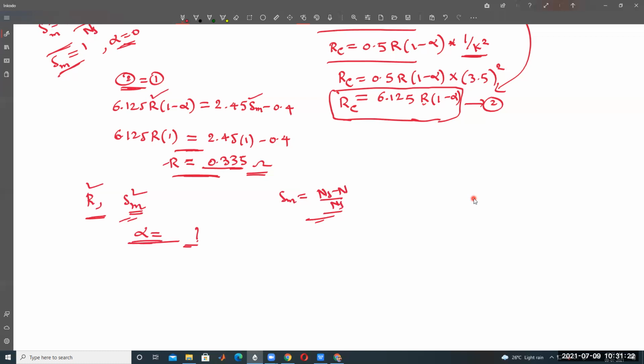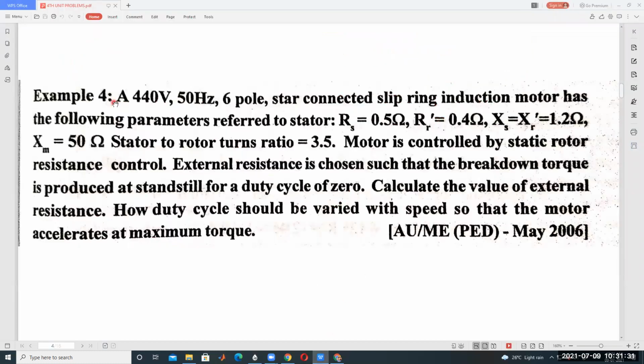Next problem is related to this problem, the fourth problem, based on the given data.